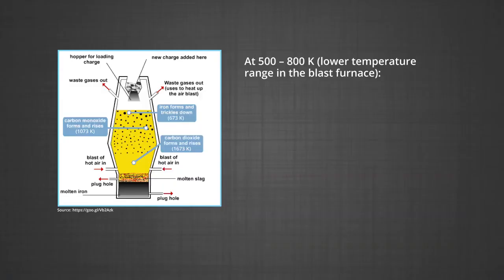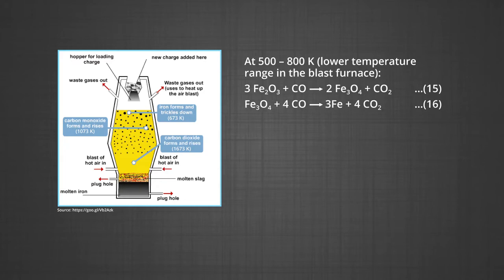These reactions can be summarized as follows. At a range of temperature 500 to 800 kelvins, that is at the top of the blast furnace, we have iron oxide Fe2O3 plus carbon monoxide giving us Fe3O4 plus carbon dioxide, or Fe3O4 reacting with carbon monoxide to form iron and carbon dioxide.